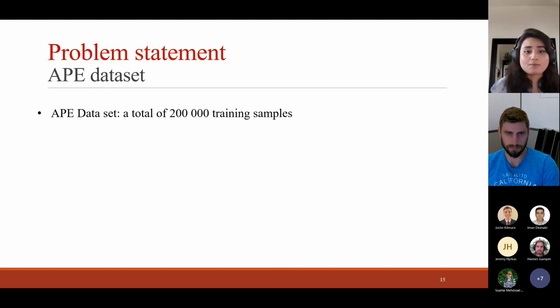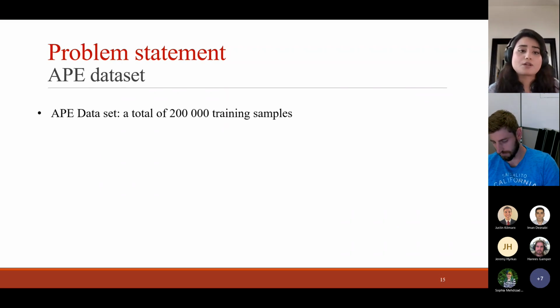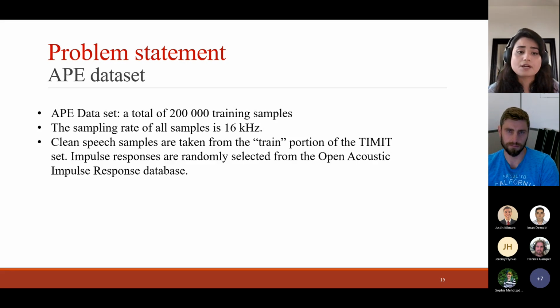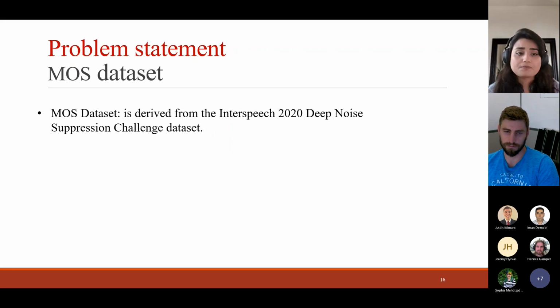So moving to our problem, we are trying to address those problems in these two different data sets. The first data set is the APE data. APE data has a total of 2,000 training samples. The sample rate is 16 kilohertz, and the clean speech is taken from TIMIT, and impulse responses are randomly selected from the Open Acoustic Impulse Response Database.